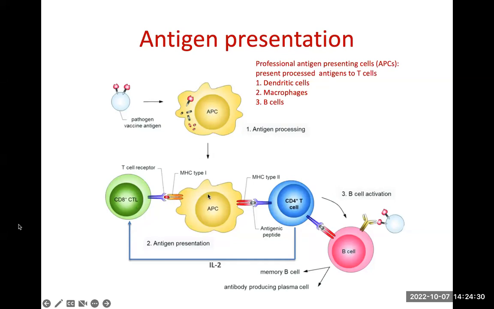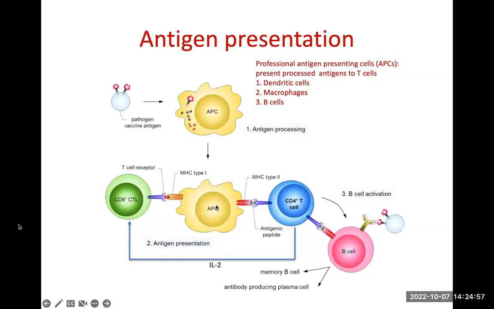And then that macrophage will present some of those small pieces on its surface, in the context that CD8 T cells can then recognize that small piece, a peptide. And so that's how CD8 T cells will get activated by macrophages and dendritic cells.